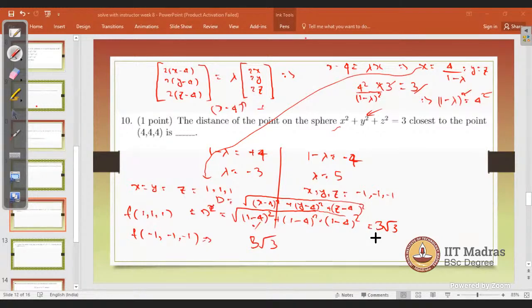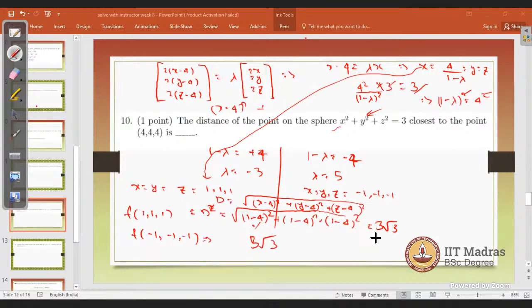Please say. I have one clarification here. Is it necessary to calculate the lambda value? Because in this equation above, your x, y, and z are all coming as 4 by 1 minus lambda. So you're getting x equal to y equal to z. If I substitute any of that in the constraint, x square plus y square plus z square, I'll get my values of 1 and minus 1.